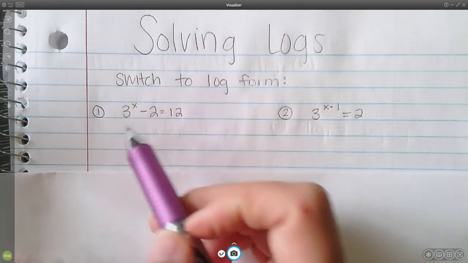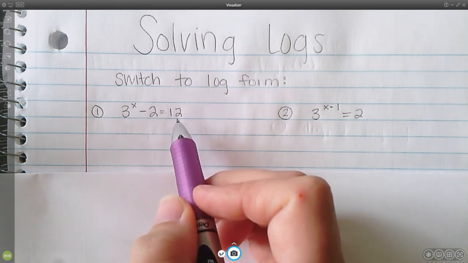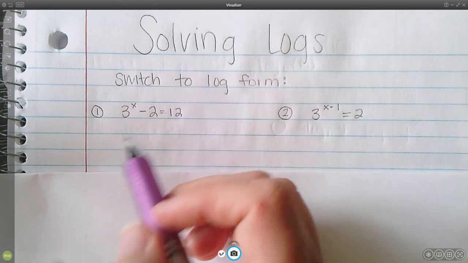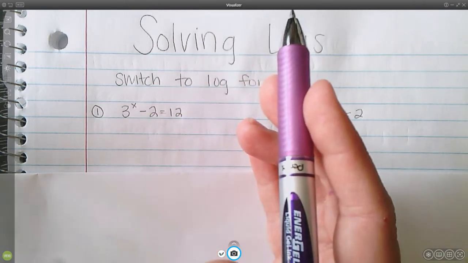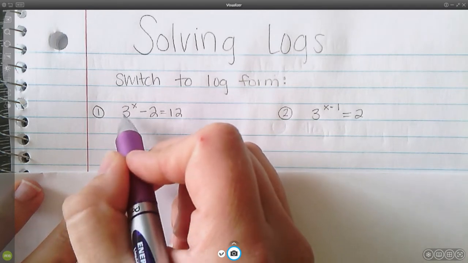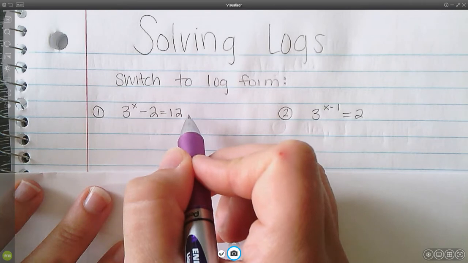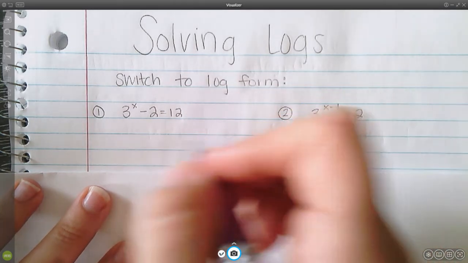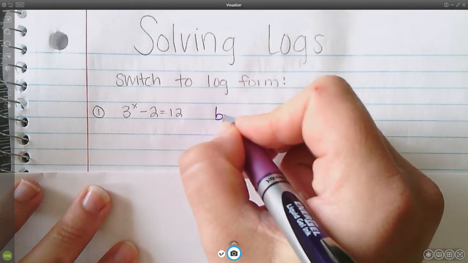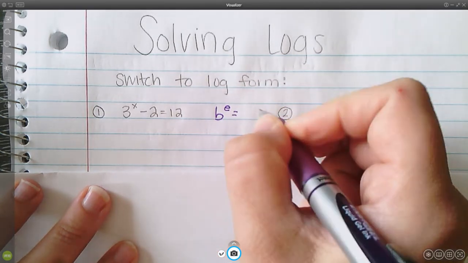The first one says 3 to the power of x minus 2 equals 12. Before you solve or switch to log form, you need to have a base to an exponent equals something.